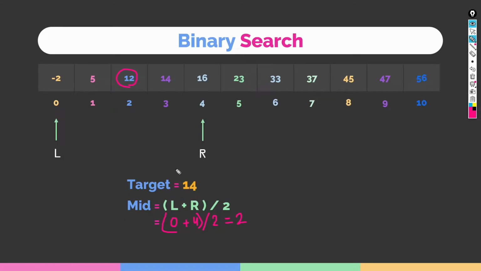So we can say that the target can never be here, right? Because this is a sorted array and the target needs to be after this value. So basically we need to move left right after the mid value. So let's do that.